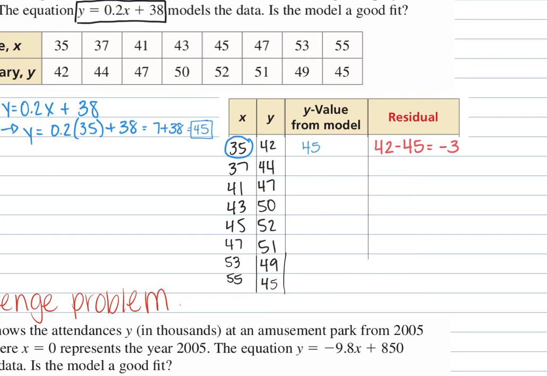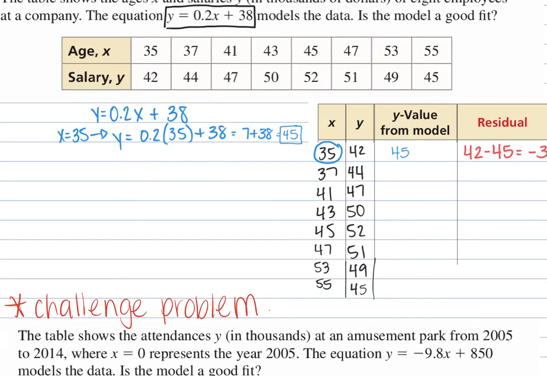I'm going to do 37, and then I want you guys in your groups to do the rest of them, okay? So let's check it out. 37. So we're going to say x equals 37. So y equals 0.2 times 37 plus 38.